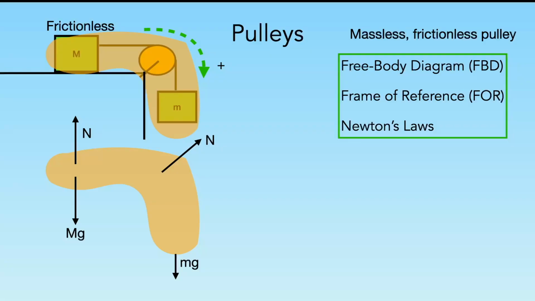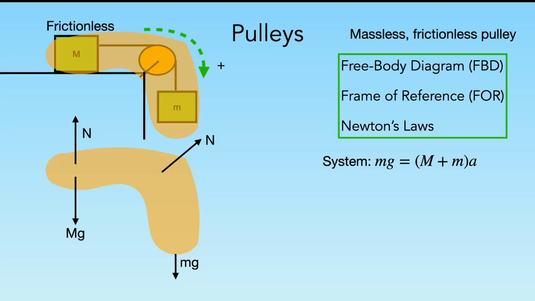Now, if we look at that, the two normal forces and capital MG are perpendicular to the direction of motion. So when we write Newton's second law for the system, little mg is the only external force that would make it accelerate in the direction of motion, right? So mg pulls it in that direction.